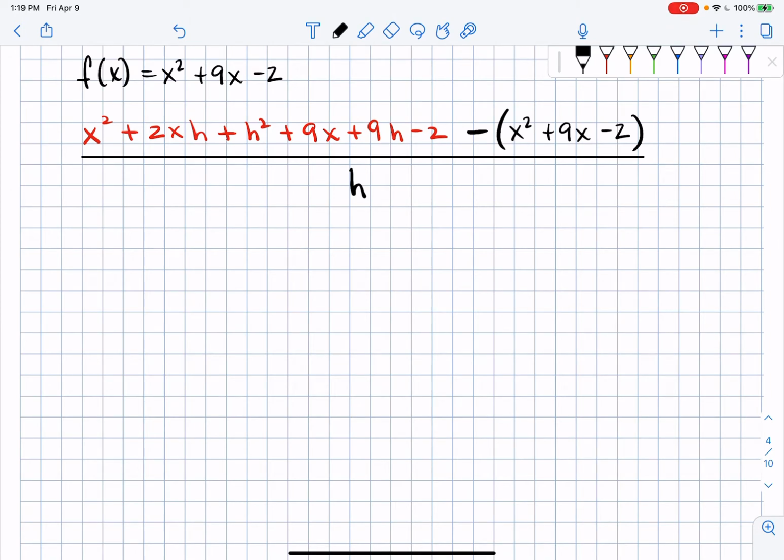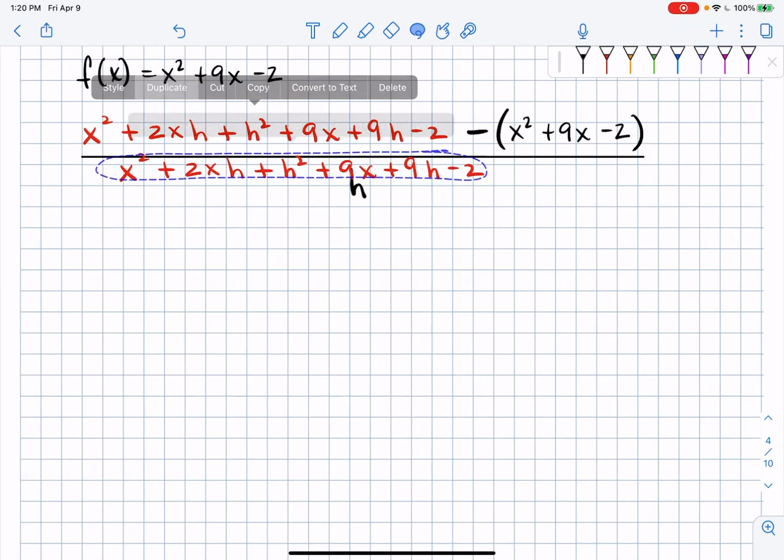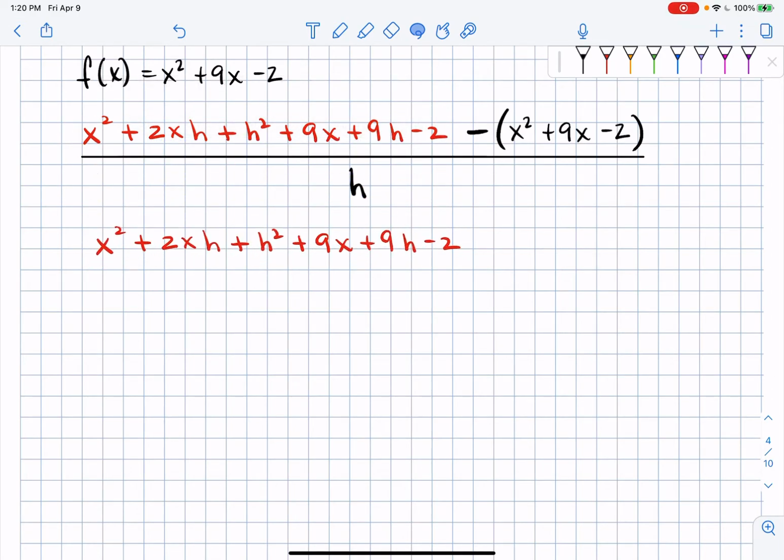So, all right, there's going to be some work here. So let's go ahead and do this. So I got x squared plus 2xh plus h squared. You know what? Let's do this. Hold on, because this doesn't change. So let's go ahead and just duplicate this and bring this down. And I want to show you guys what I tend to do here. I like to stack, okay?